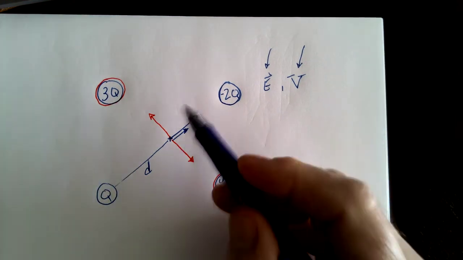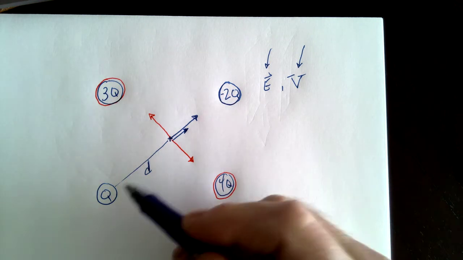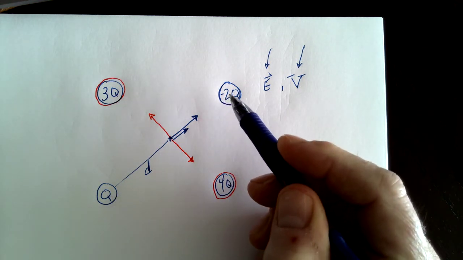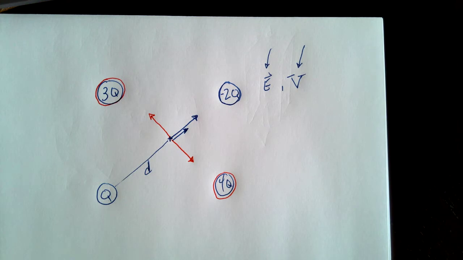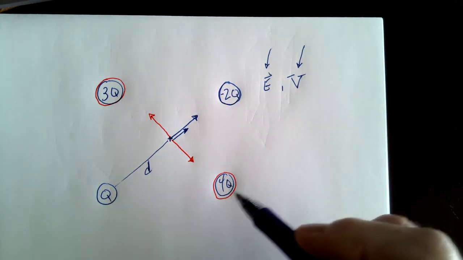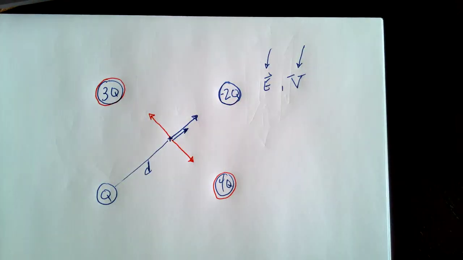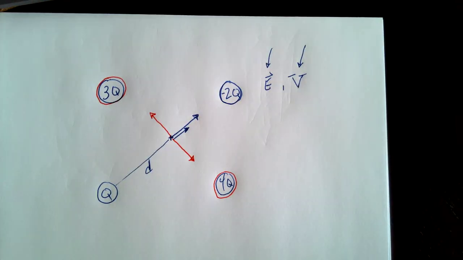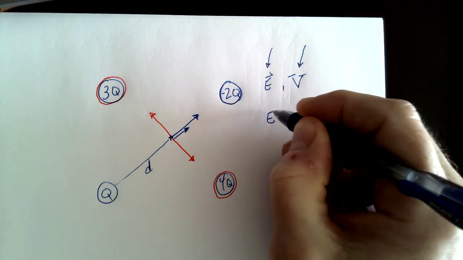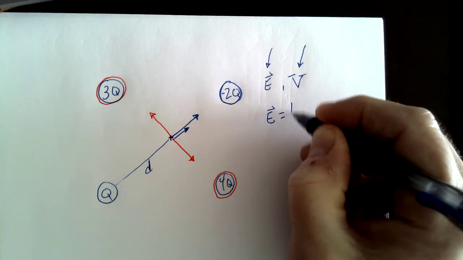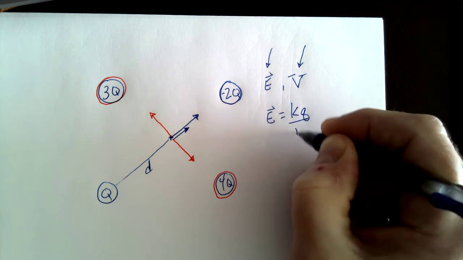So these two work together. Even though if you did the math they'd have opposite signs and it looked like they subtract, you'd be wrong. That's why I leave the negatives out of calculating these values and just look at your drawing in the end. These two guys are going to add up. The two red ones are going to oppose each other. They'll be subtracted out. So the formula for electric field strength with a point charge is kQ over r squared.